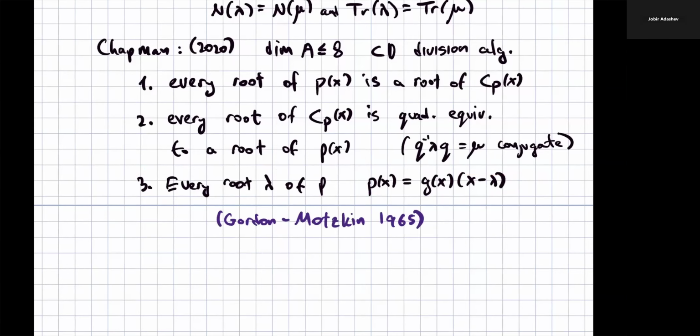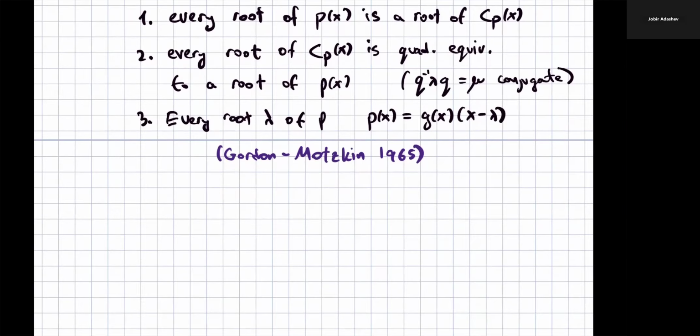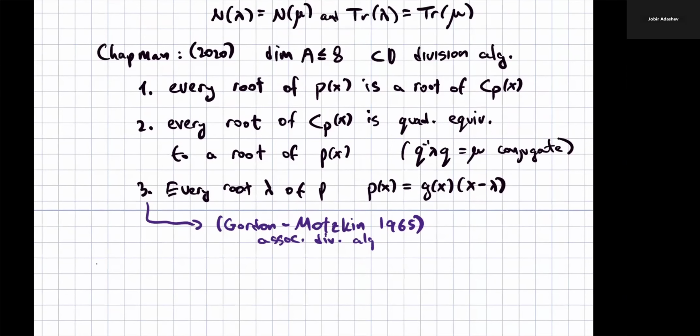So this generalizes it also to the octonion algebras. I'll just say for associative, this third part. Okay. So we have as an easy corollary from this that if we take the real octonions, they are algebraically closed.